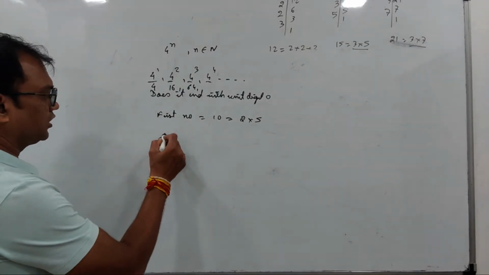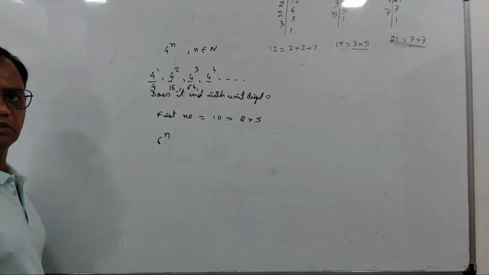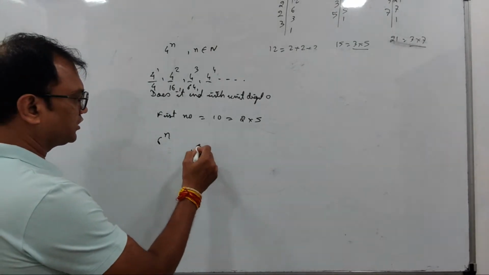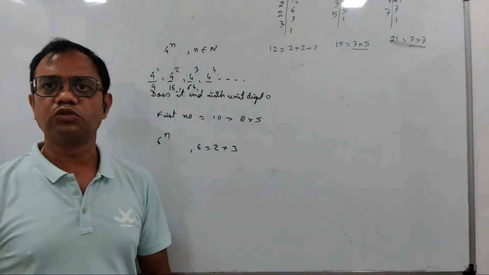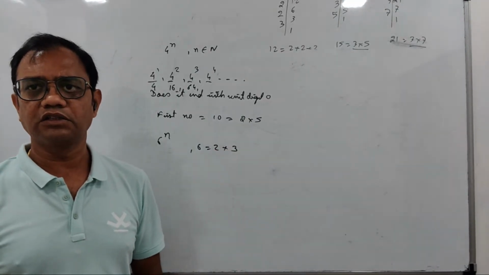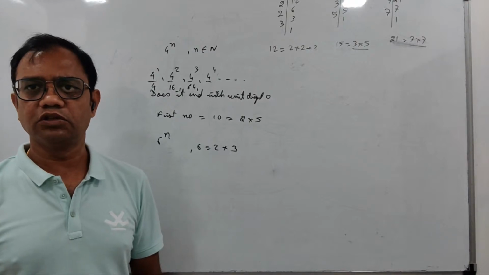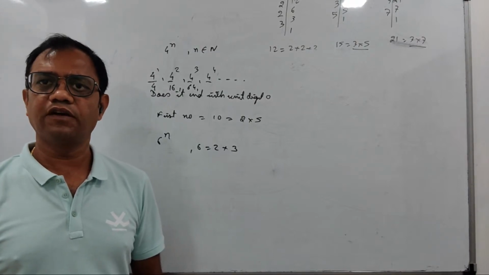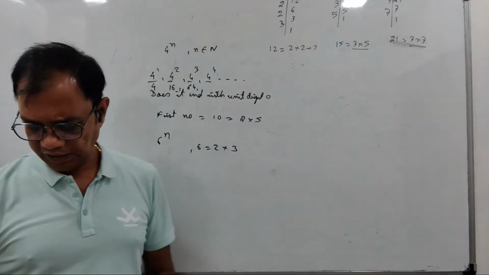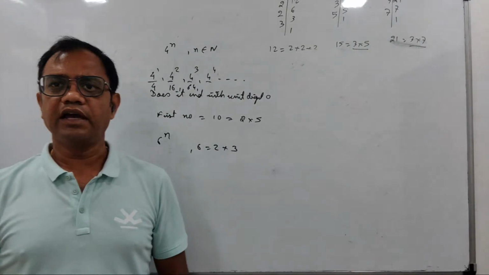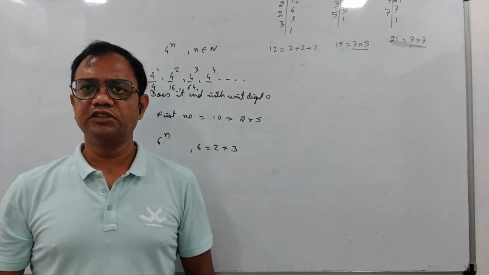So if I ask you, does 6 raised to n end with digit 0? No, because the factors of 6 are not 2 and 5, they are 2 and 3. It has to have factors 2 and 5 to end with digit 0. In any question, let's say I ask you, does 10 raised to n end with digit 0?